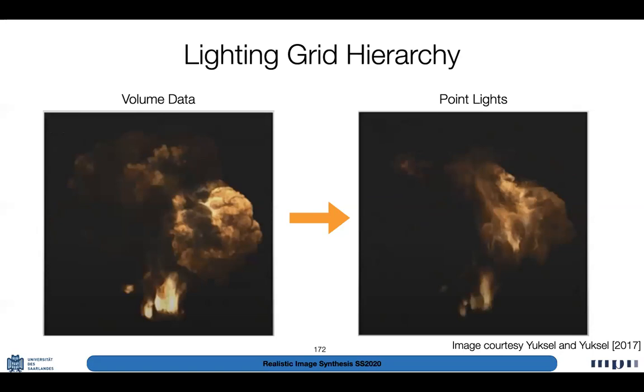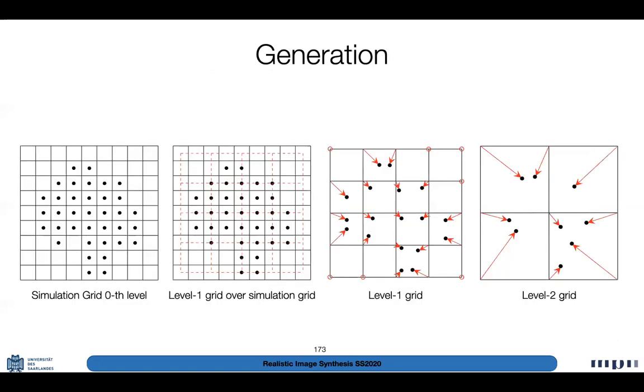And this is the inset from their work. The way it works is that on the left side, you have the simulation grid. Let's say this is your simulation grid, where at the 0th level, these voxels represent the underlying smoke. The center of these voxels represents the light source, the VPLs themselves.